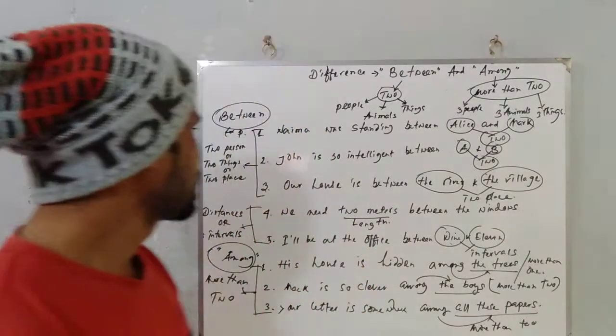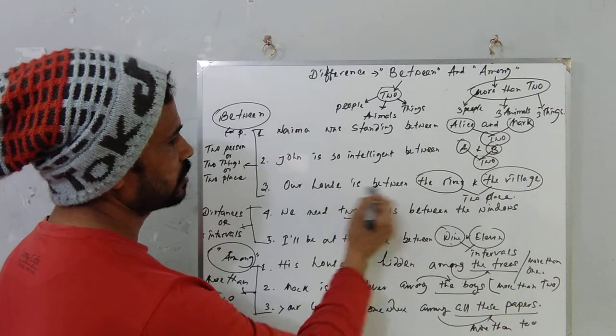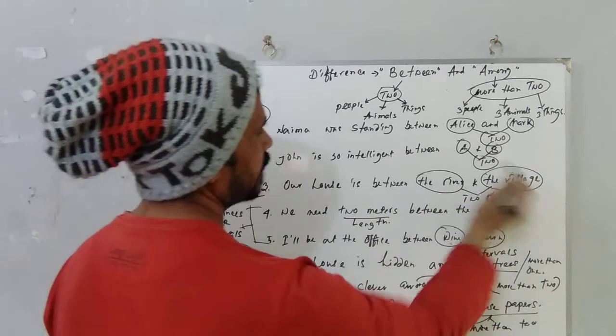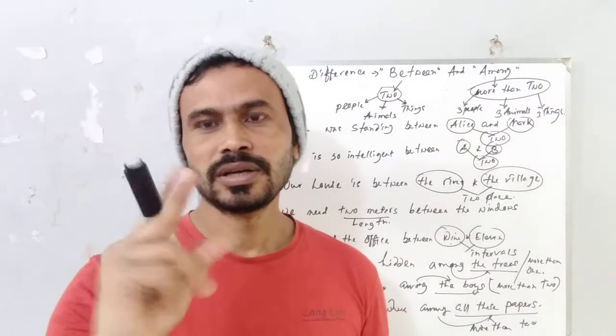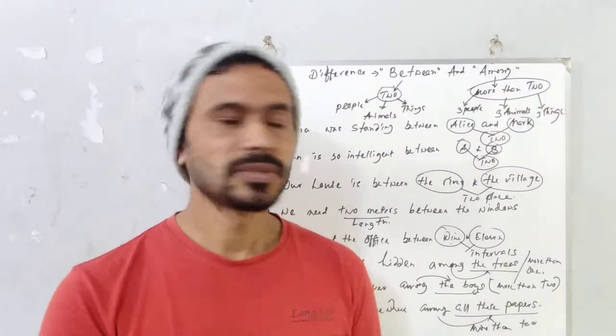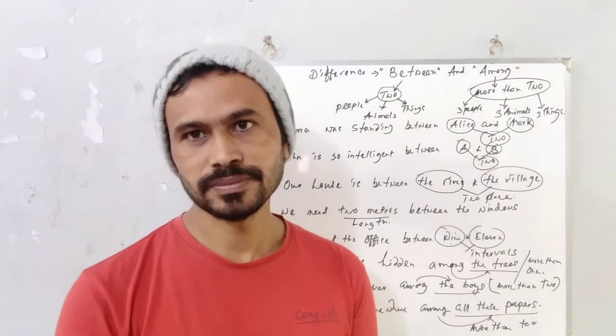Next sentence. Our house is between the river and the village. Two places: the river, one thing, and the village, one thing. So two things here.